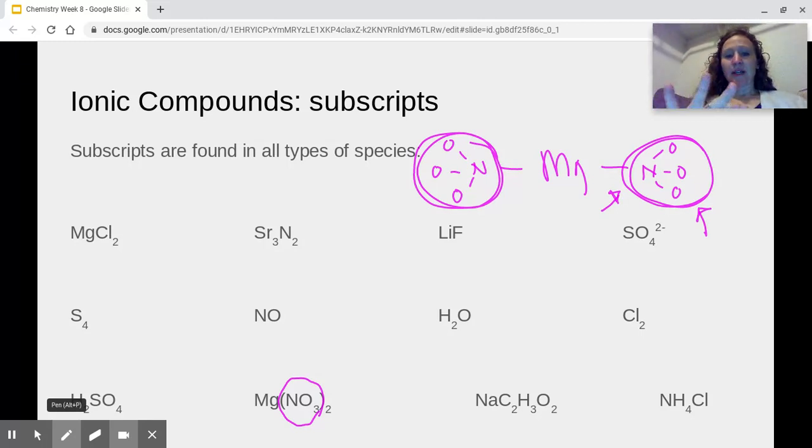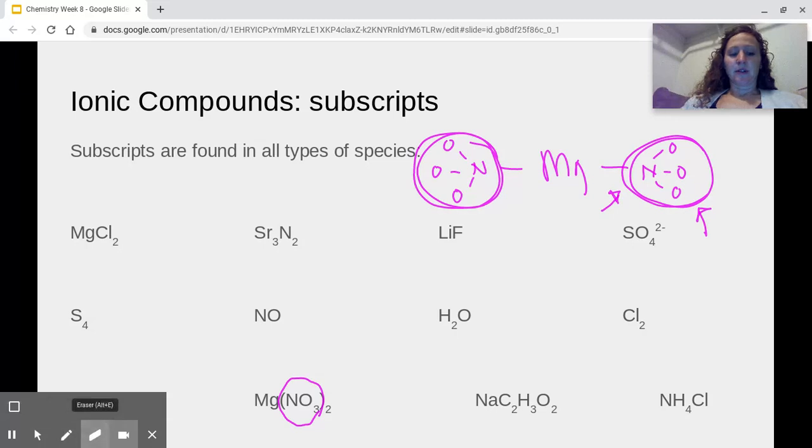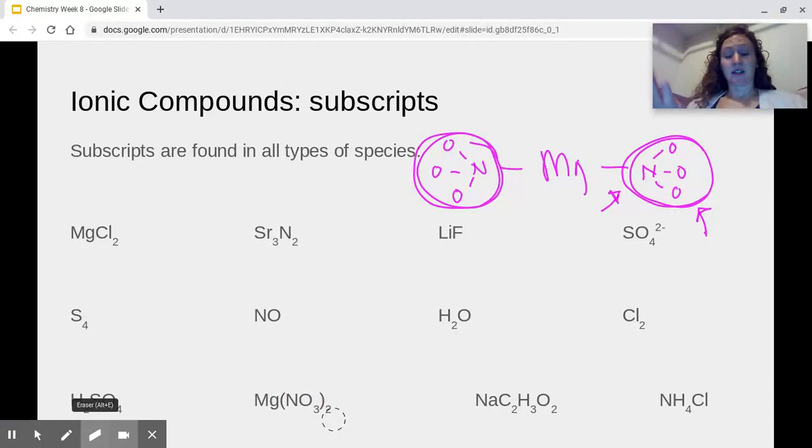This magnesium and nitrate example brings up a good point about why you have to know your ions. We talked about ions before, and I got on my soapbox and talked about how essential it is to speak the language of chemistry.